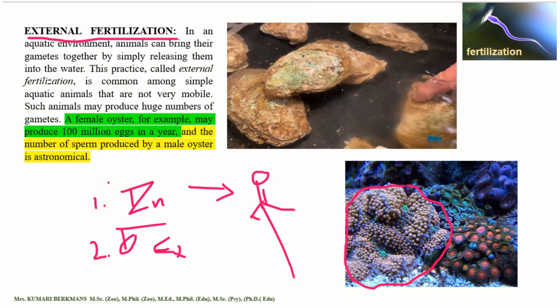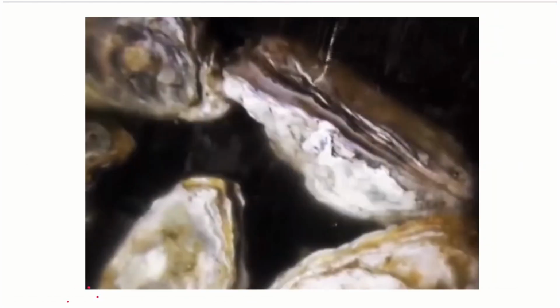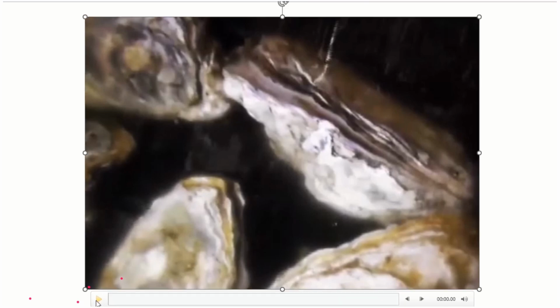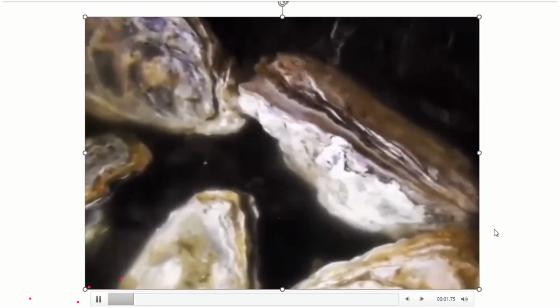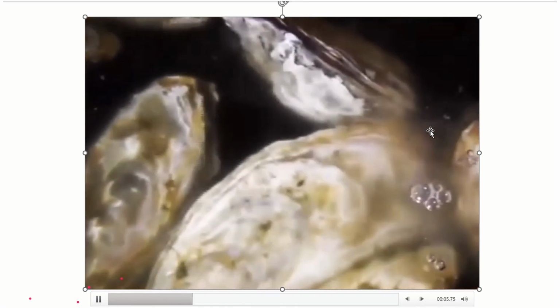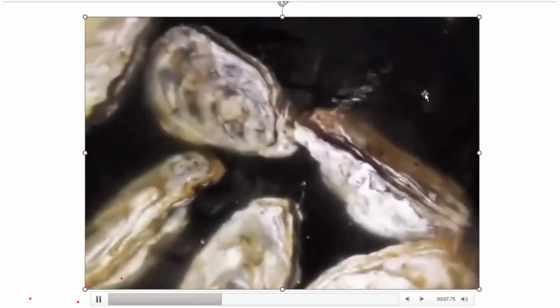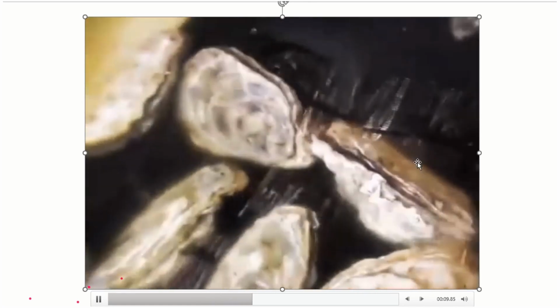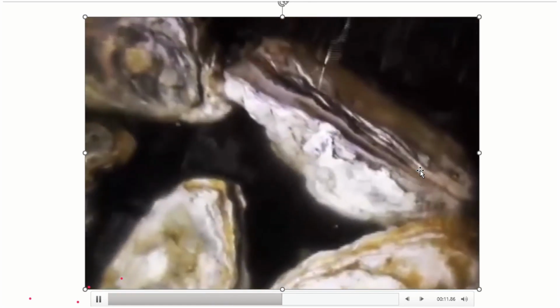You can see how the oyster is releasing eggs in the sea water. You can see here the oyster is releasing a cloud-like solution. It is pumping out into the water.